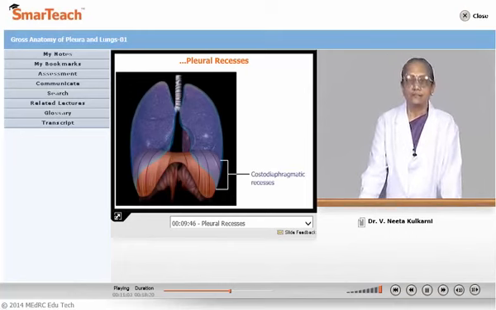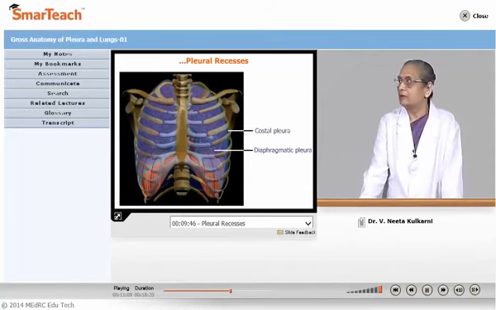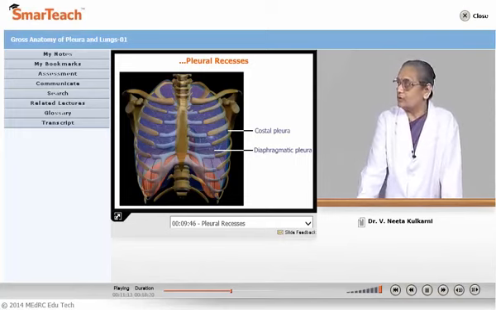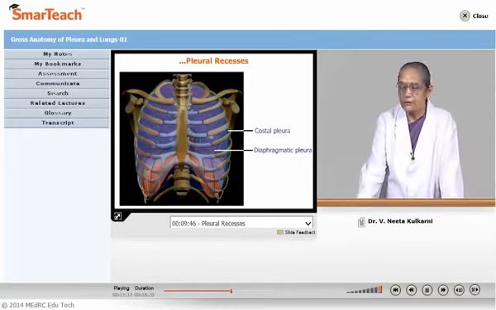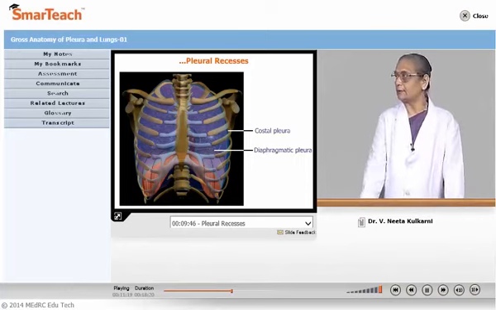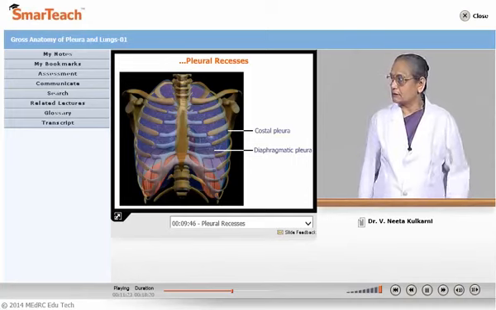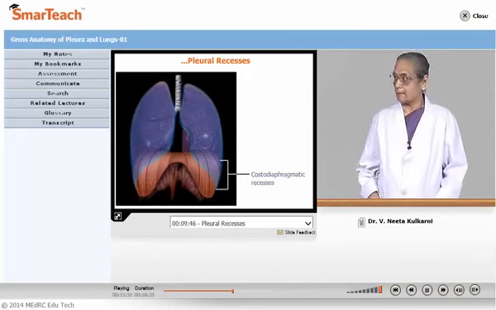Now, the costodiaphragmatic recesses are present along the inferior margins of pleural reflections. Here, the lower margin of the lung falls short of the pleura by 2 rib distance. Hence, the costal and the diaphragmatic pleurae come closer to each other, bounding the recesses. Being a very wide recess, they are only partially filled with lung during deep inspiration.